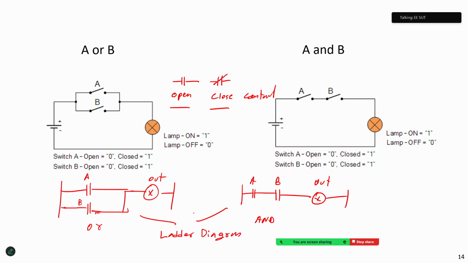Then if you learn about PLC, programmable logic control, you will draw the code in a ladder diagram. Here, I just introduce it to you; I won't talk about this diagram.